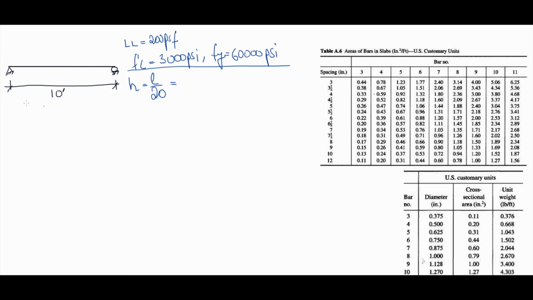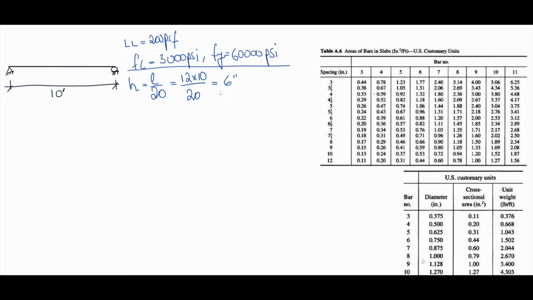Since the length is in foot, I have to change it into inch. So 12 multiplied by 10 for unit conversion, divided by 20. This will give me 6 inch, which is 15 centimeter. That's the usual slab thickness, 15, 16, 17, 18.